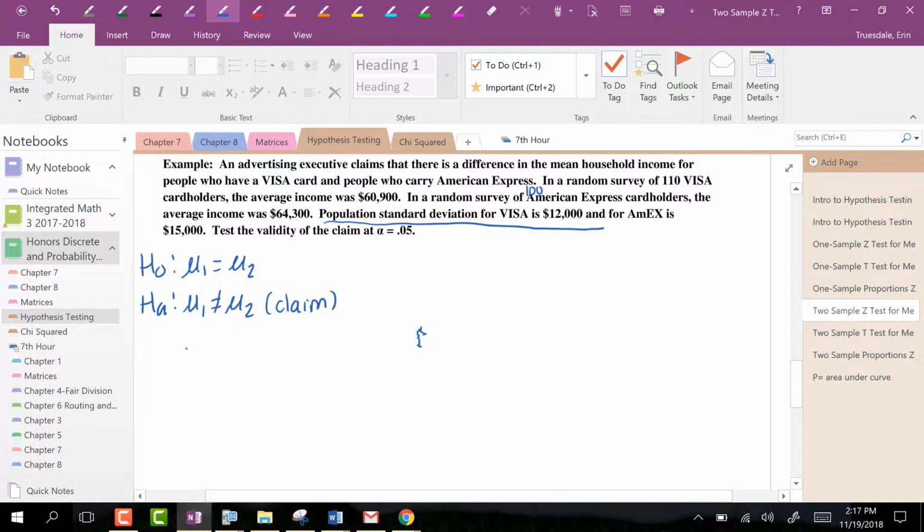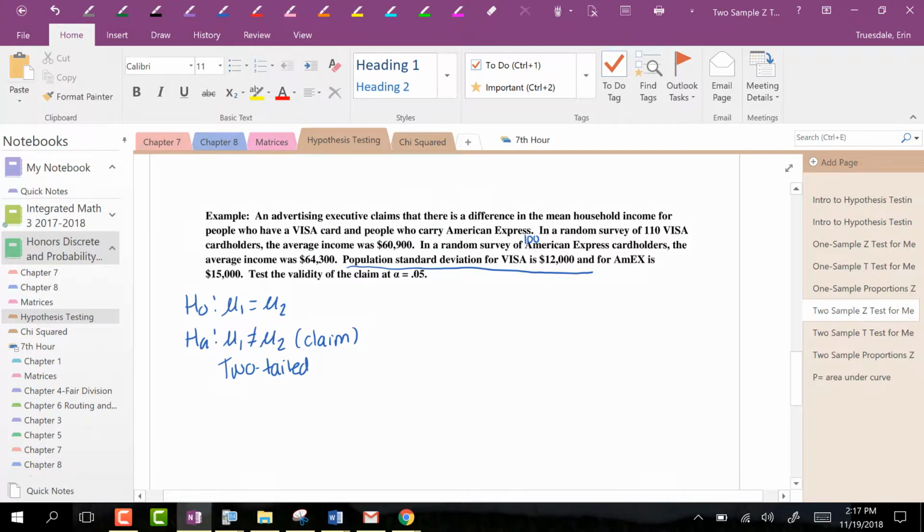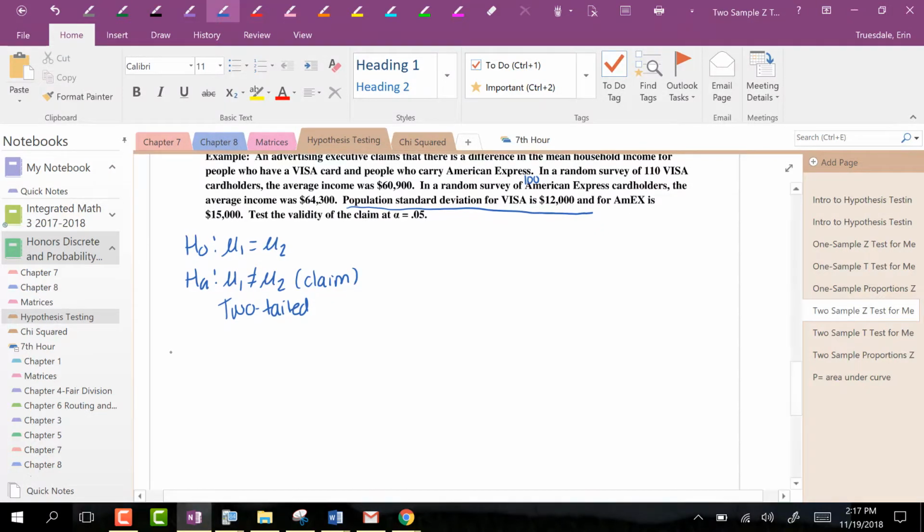Okay, and then I can start writing down everything that I know from the problem. Right now, with your group or with someone around you, can you find, we'll make Visa that first sample and American Express the second sample here. So we have the mean of both of them, standard deviation for both of them, and then the sample size for both of them. So read through the problem.